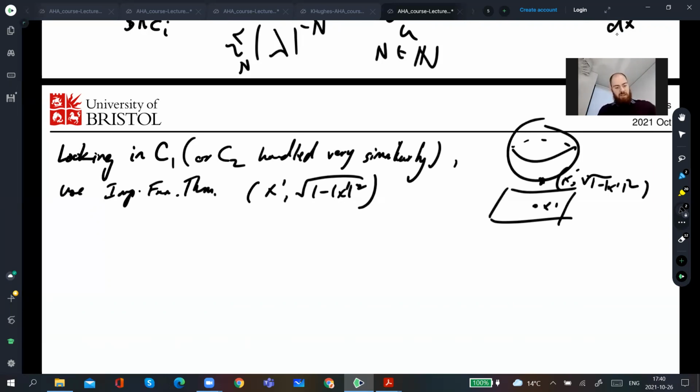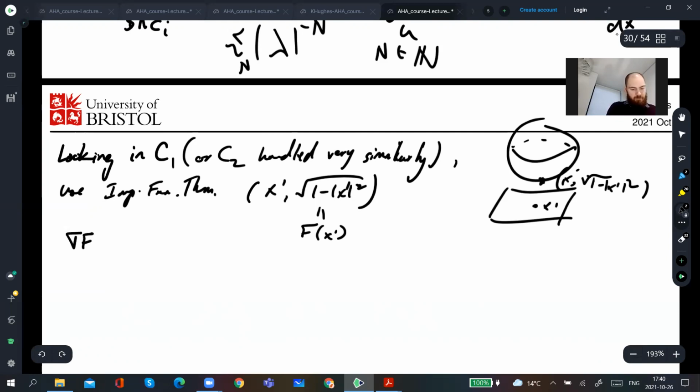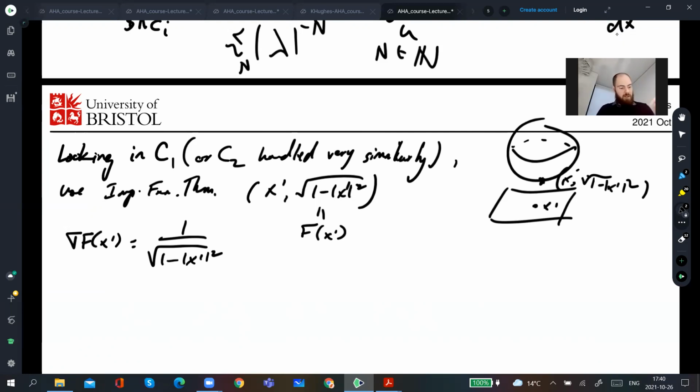And this is my function f of x prime. Let's just look at its gradient. The gradient of f at x prime is just going to be 1 over the square root of 1 minus x prime squared, times x prime, as one can calculate.